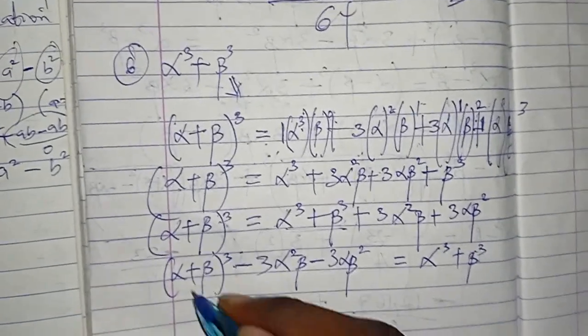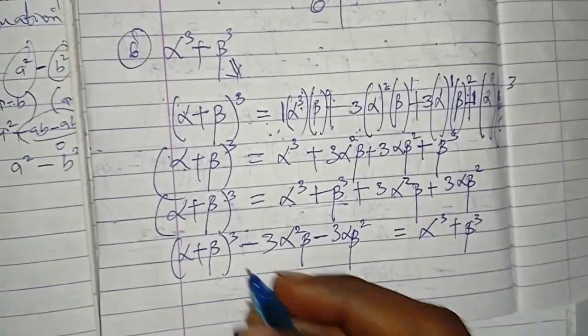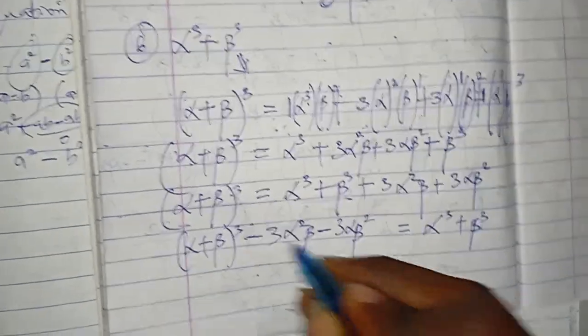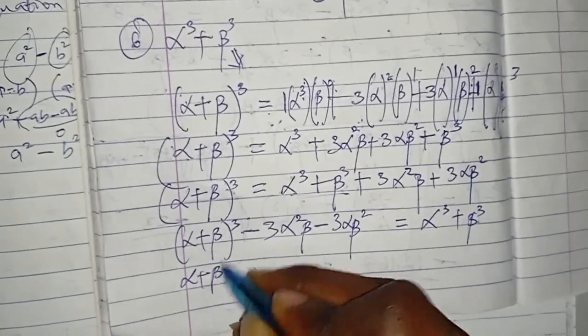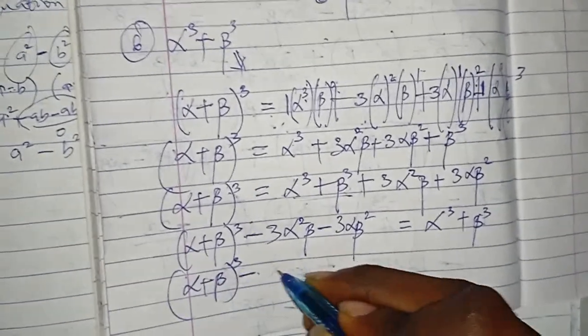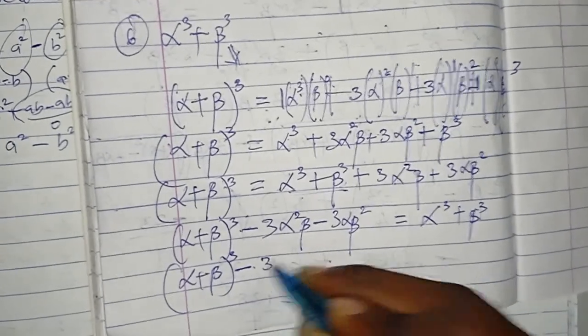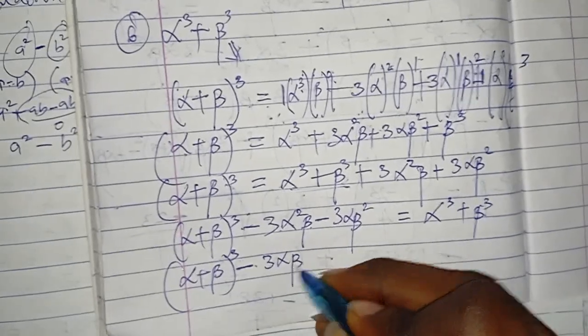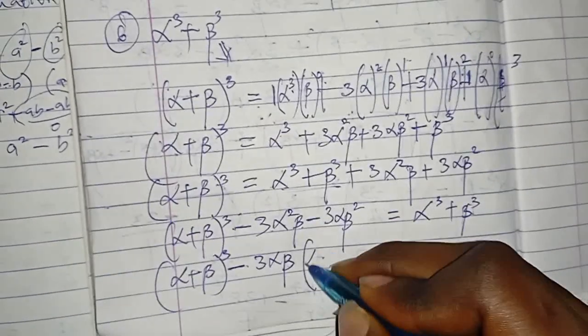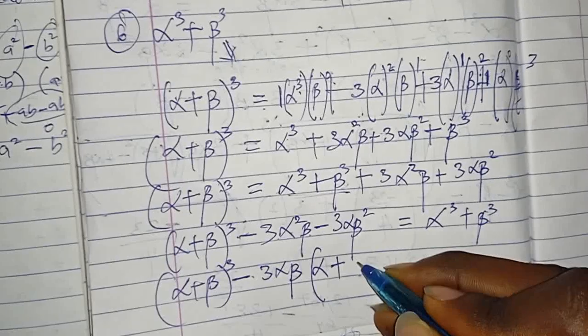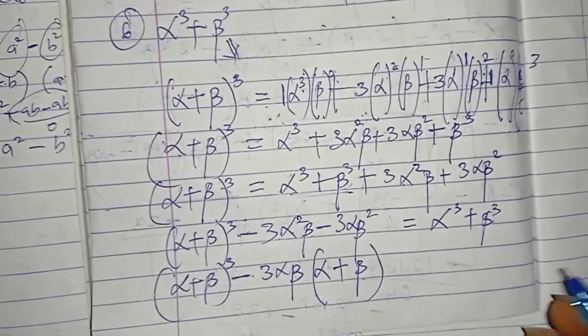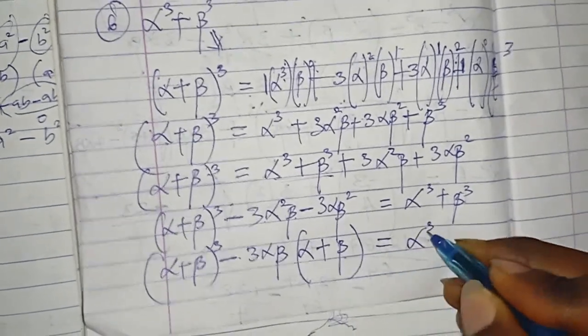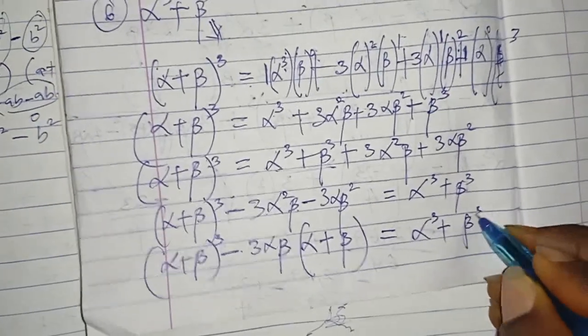Now notice something: factoring out 3 alpha beta, 3 alpha beta is here, so 3 alpha beta times alpha plus beta.